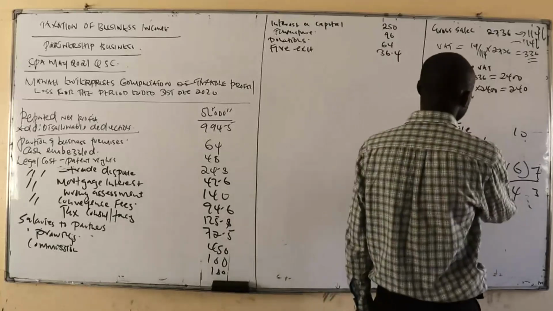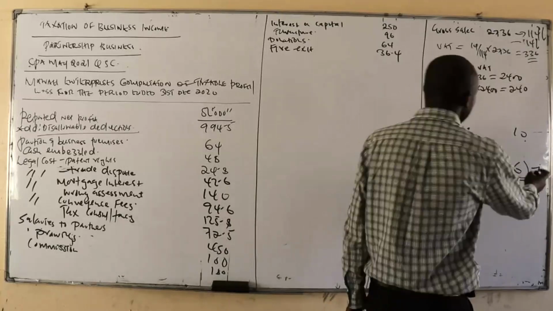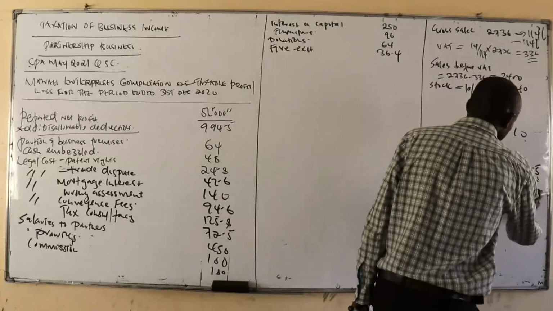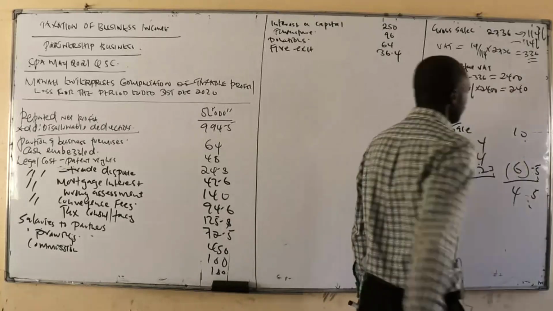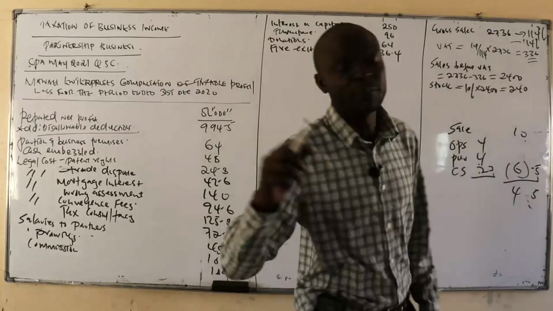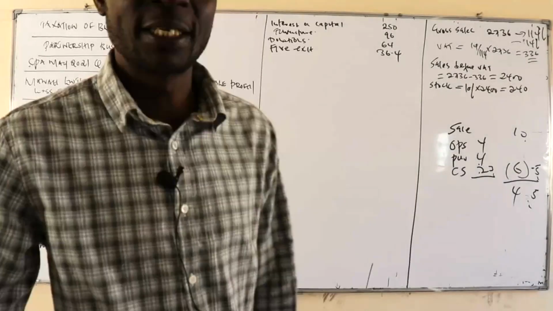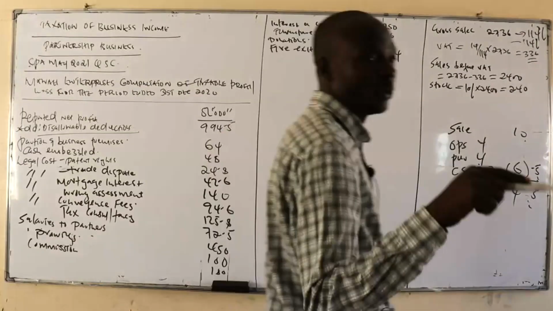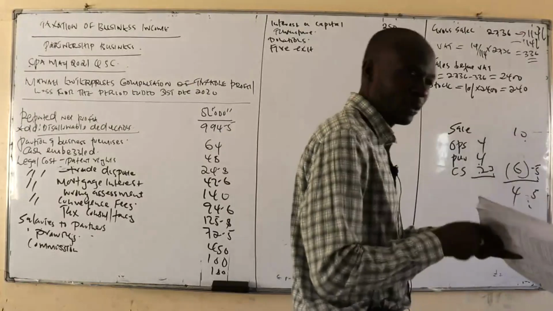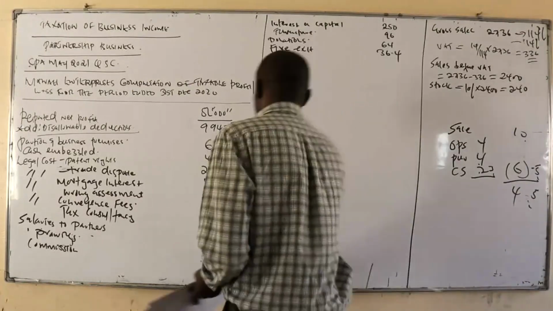So when you overstate your closing stock, it means you have treated that overstatement as income, isn't it? So you're going to deduct it. It's a deduction item. So that one I hope you have understood.